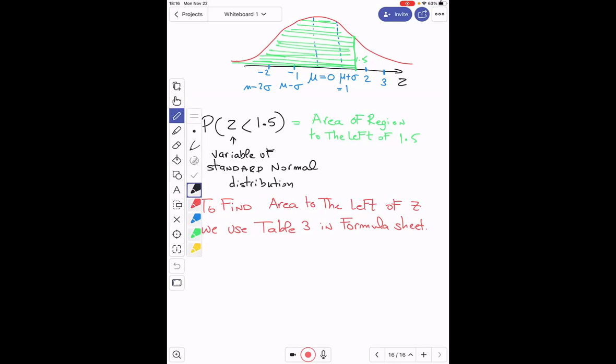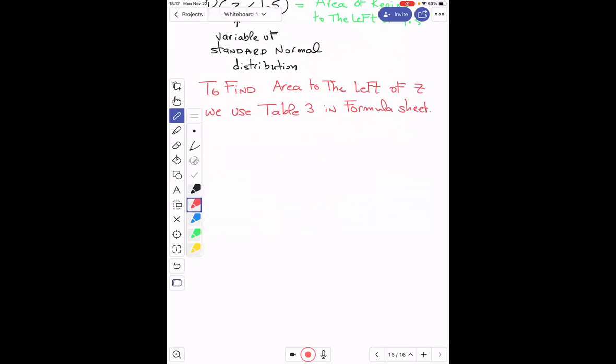Yes. So here's another example, guys. Instead of 1.5, let's say example number 2. We want to find the probability that Z is less than 1.52.